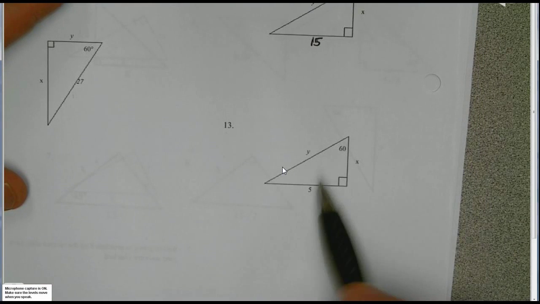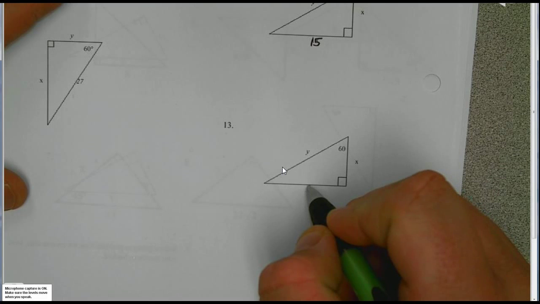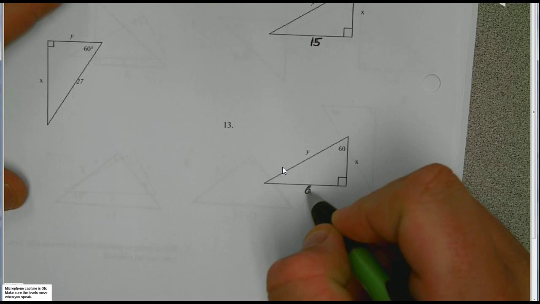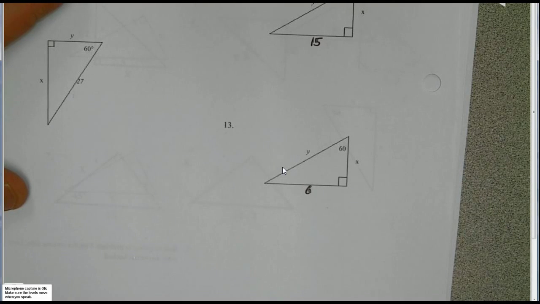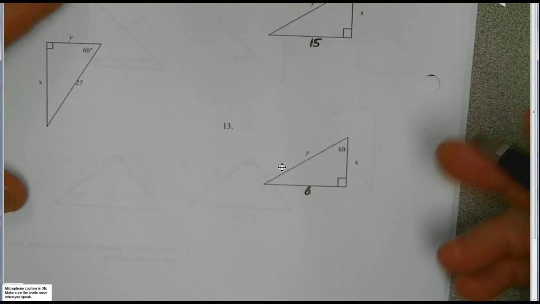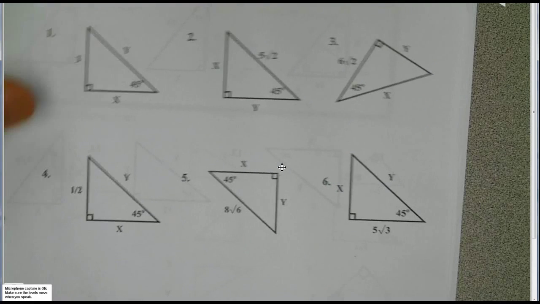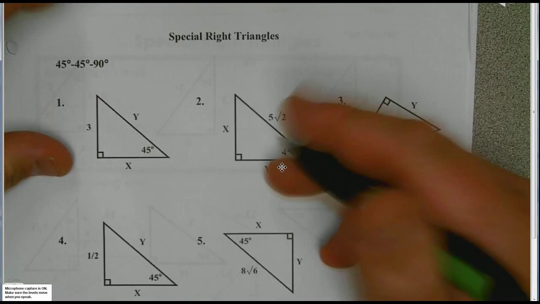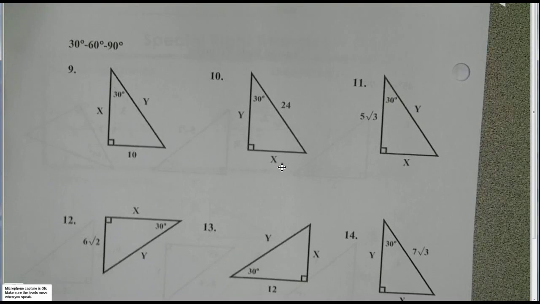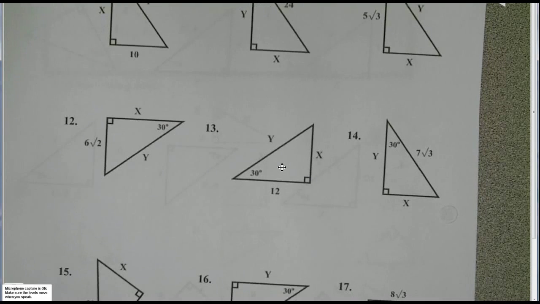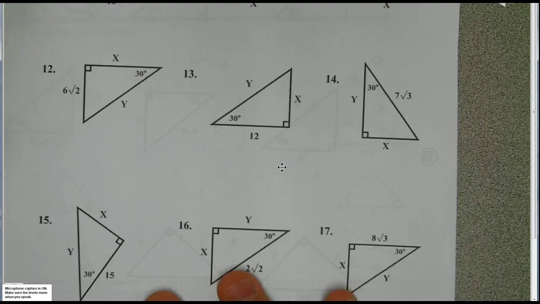And then we're going to change this to 6. Again, I'm just trying to help you out. The ones across from 60, I'm going to try to make them divisible by 3, to kind of help you get used to the pattern. Once you're done with this and you check it off and you're good, I want you to go ahead and do this one. It's a review of 45, 45, 90 and 30, 60, 90. So once you guys get that one done, you should be good to go.